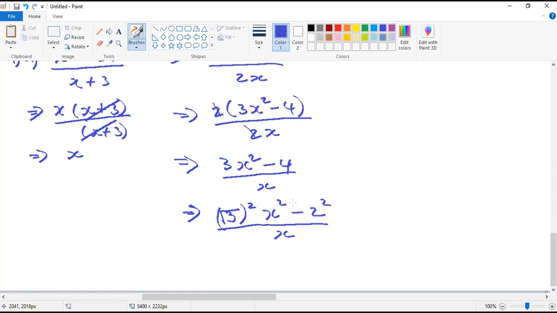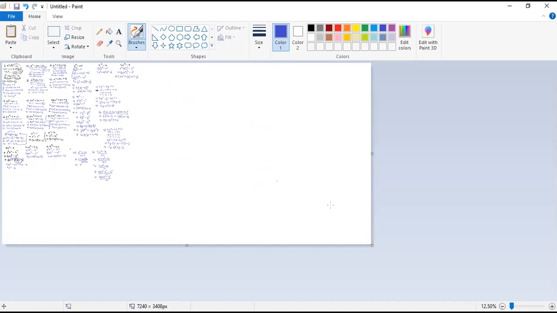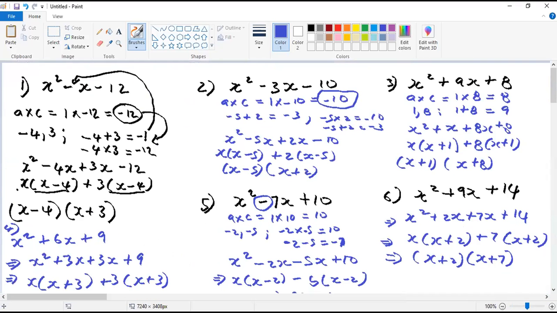So this becomes root 3 x squared minus 2 squared over x. Space will run out, so let me see if I can fix up some stuff here. Let me just go down now.